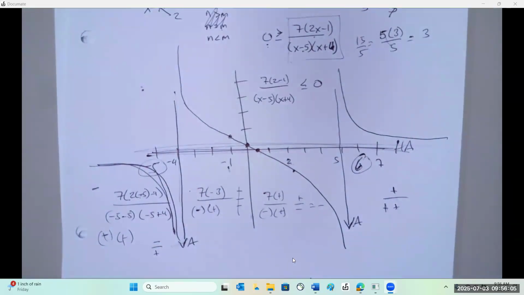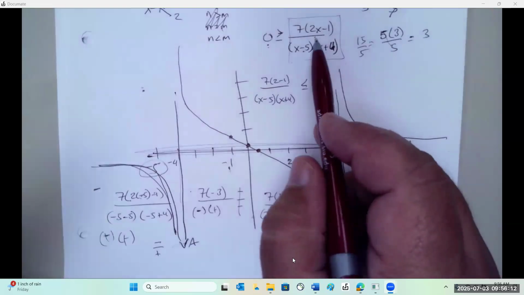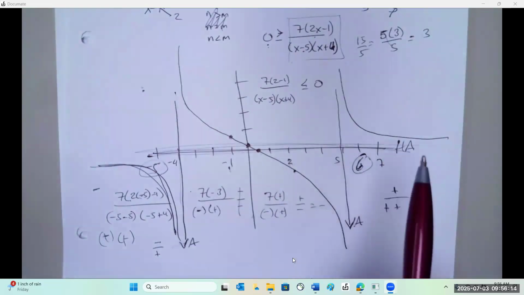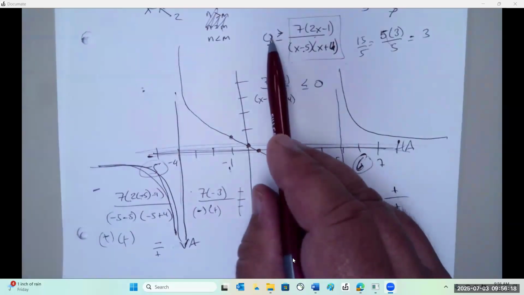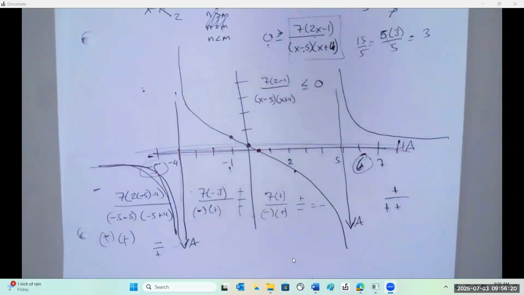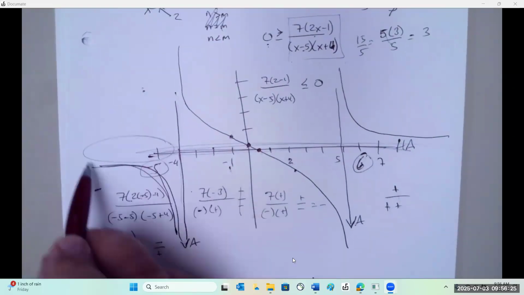So I want above or below the x-axis? Below the x-axis. Yes, just because it's on the right-hand side, that is the most common mistake students make. If you go with that way, then flip it, so you want 0 on the other side. I'm going to the left. So all of these are below the x-axis.